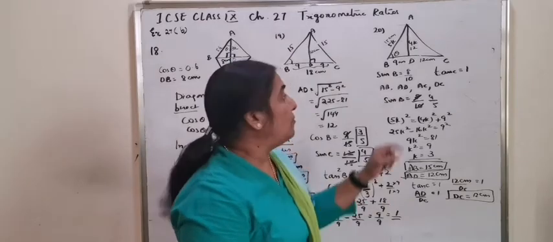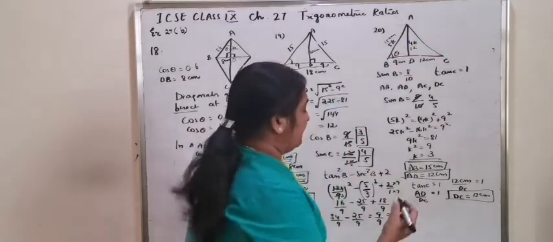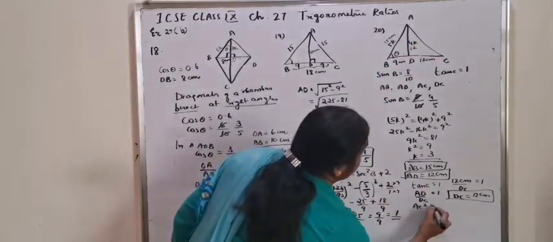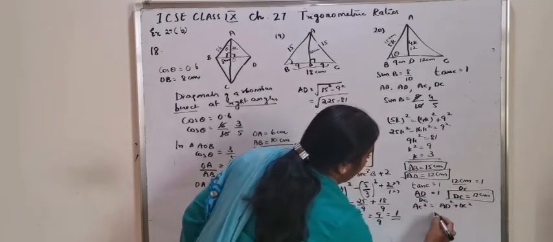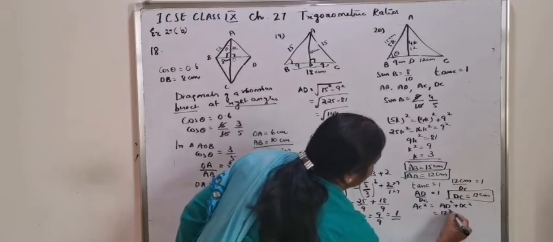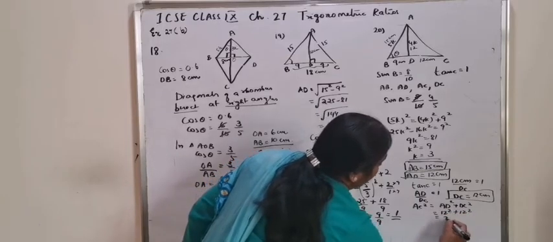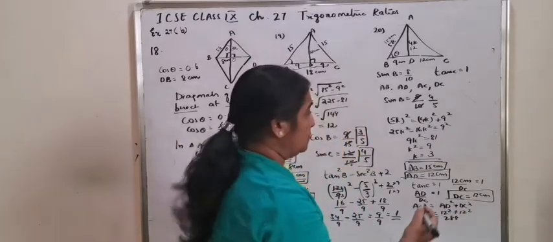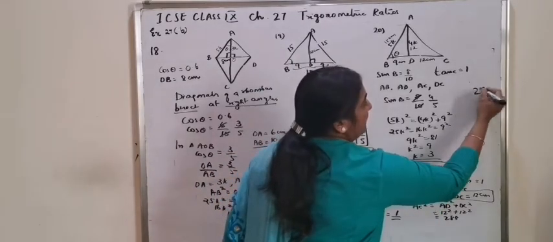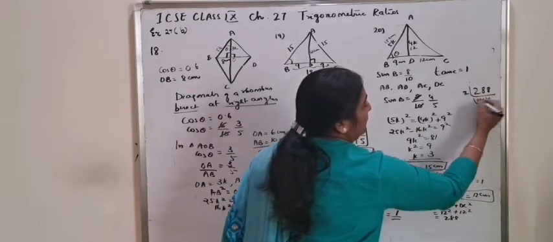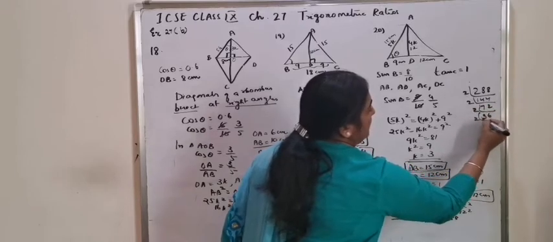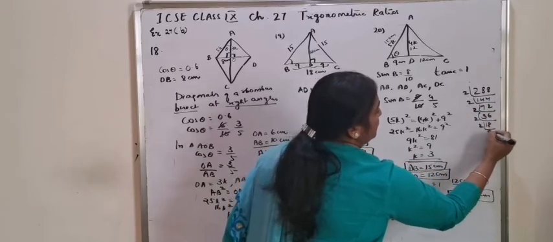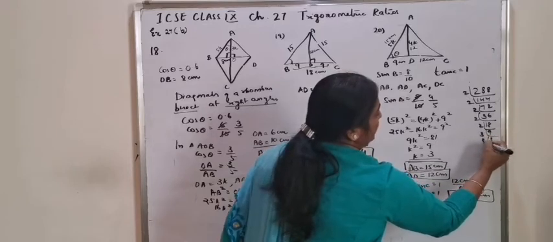Now you have to get the value of AC. We can find out by Pythagoras theorem. AC square is equal to AD square plus DC square, which is equal to 12 square plus 12 square, 288. 288 can be written as by 2 144, by 2 72, by 2 36, by 2 18, by 2 9, by 3 3, by 3 1.